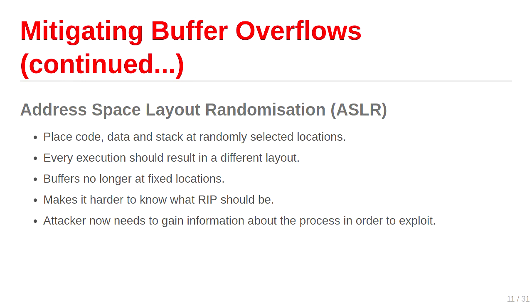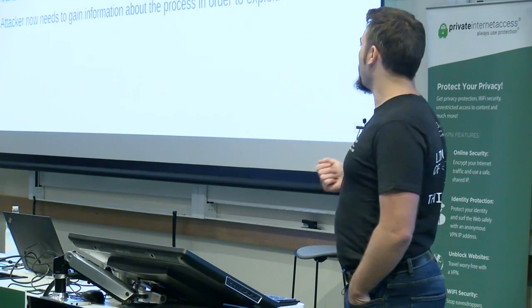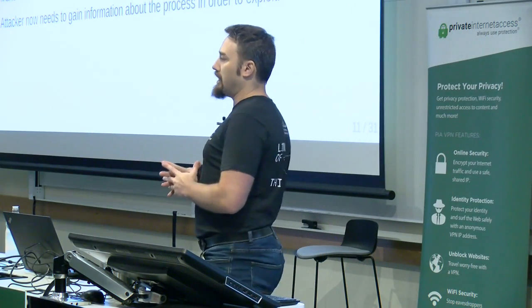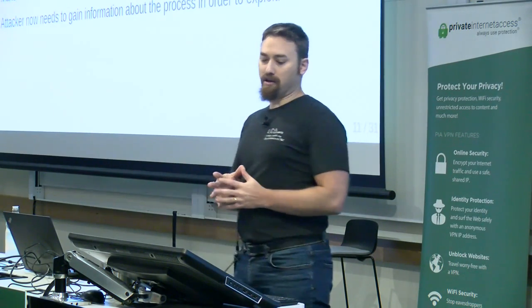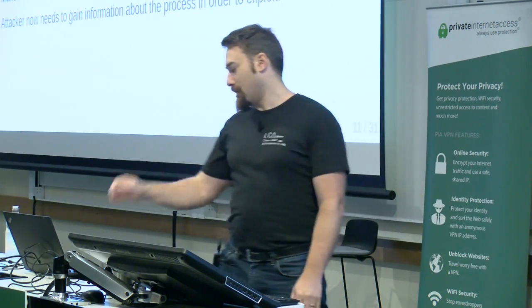I had third-year university students do it in a very short time span. It doesn't take long to teach them and for them to learn this, and they can figure out how to do it. But as soon as you start moving things around and it's no longer at fixed locations, it makes it a lot harder. We have to actually figure out what the return instruction pointer would be. We have to figure out where the code's actually going to be placed in memory. In other words, we now actually have to gain information about the process in order to actually implement the exploit. We've raised the bar.